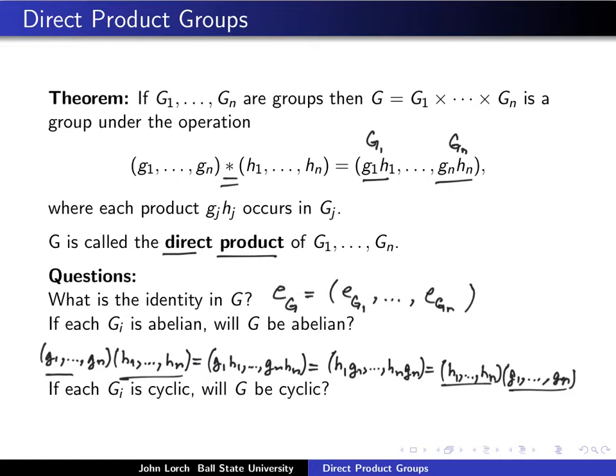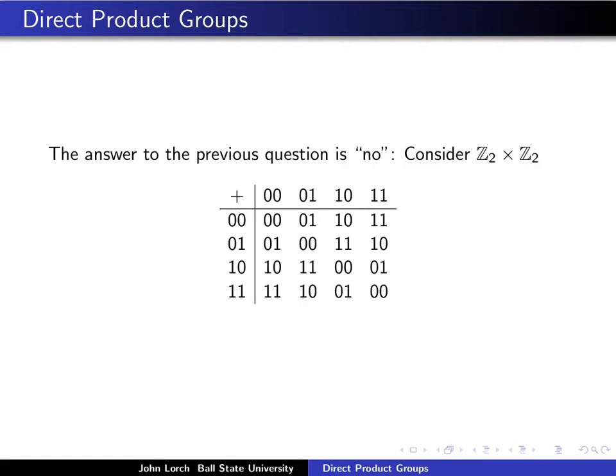Okay, finally, the question about whether the capital G sub i's being cyclic implies the direct product is cyclic. Well, that's a little bit harder question that we'll talk about on the next slide. So it turns out that direct products of cyclic groups do not need to be cyclic.